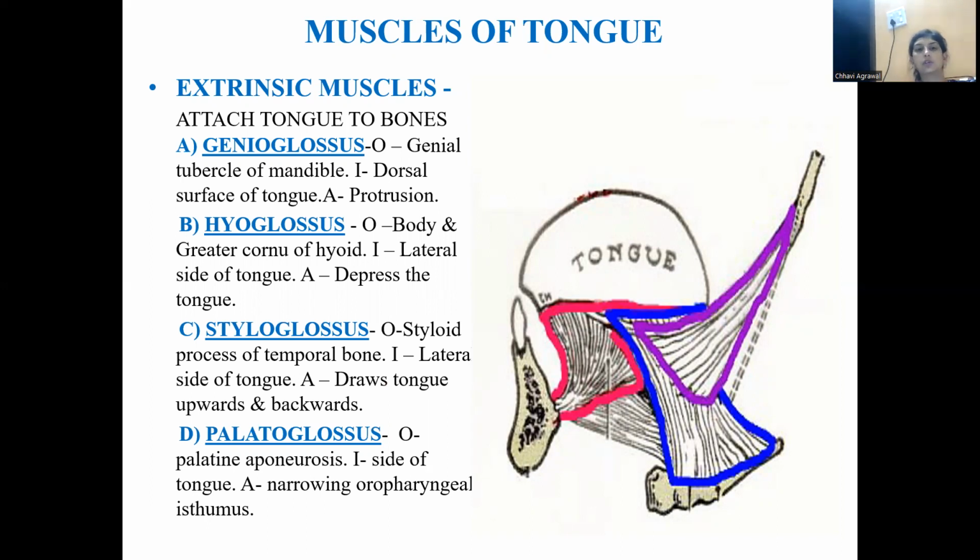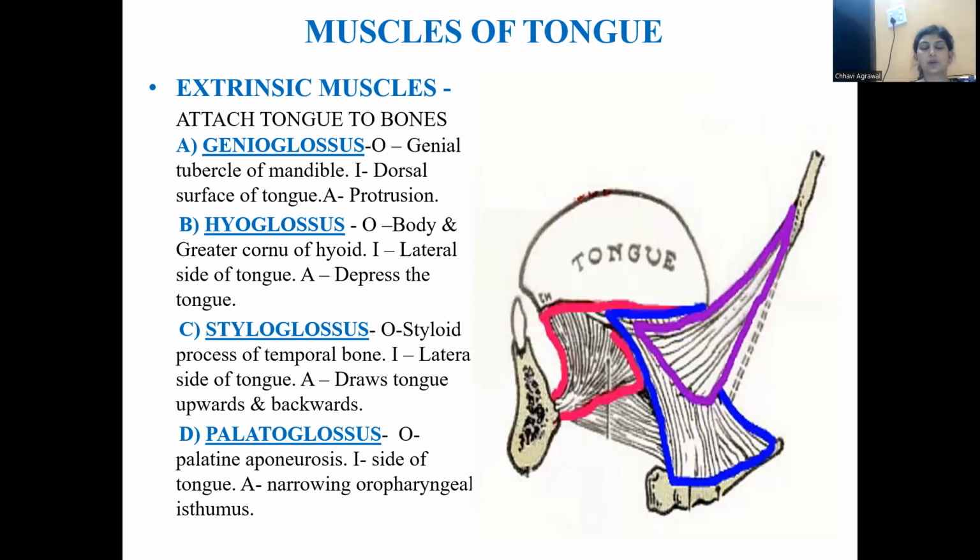Then hyoglossus, it originates from the body and greater cornu of hyoid, gets inserted over the lateral aspect of the tongue, and the action is to cause depression of the tongue.